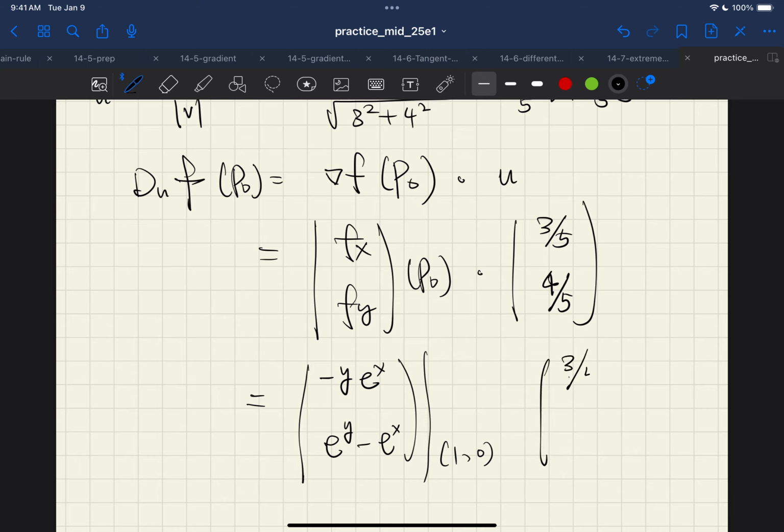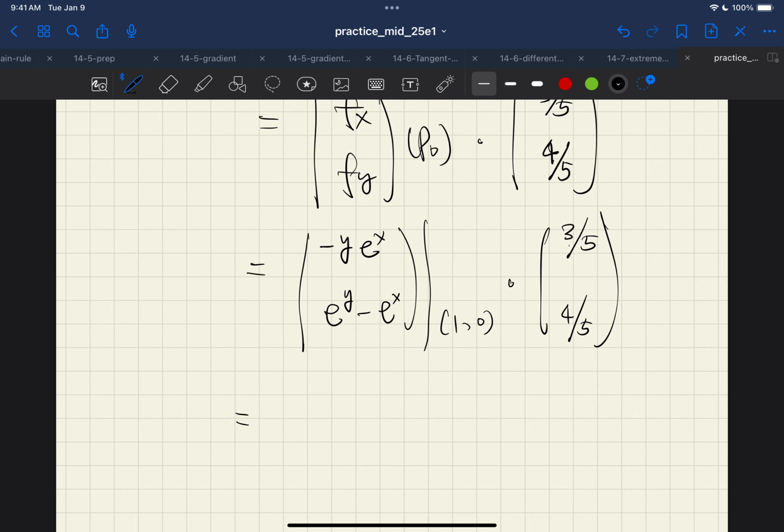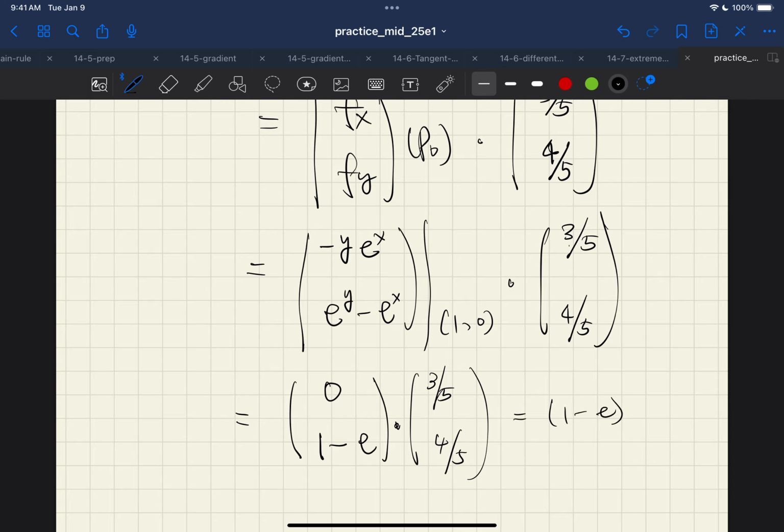And later we multiply the two numbers as a dot product. If y is 0, then the whole first thing is 0. And e to the 0, which is 1, minus e to the first power, which is e, and 3/5, 4/5. So 0 times 3/5 is 0. This is 1 minus e, and then 4 over 5.